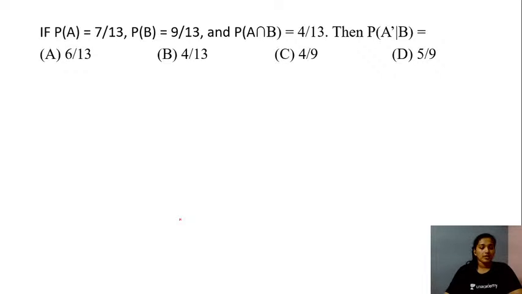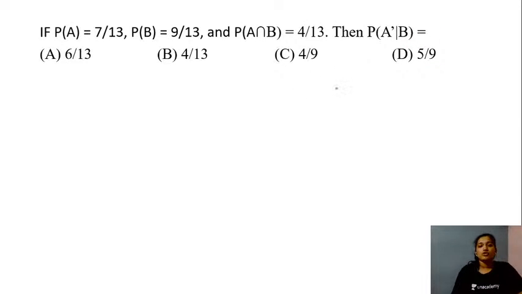Probability of your event A is 7 by 13. Probability of your event B is 9 by 13. Probability of your event A and B is equal to 4 by 13. Then the probability of your event A complement given your event B will be equal to which of the following?